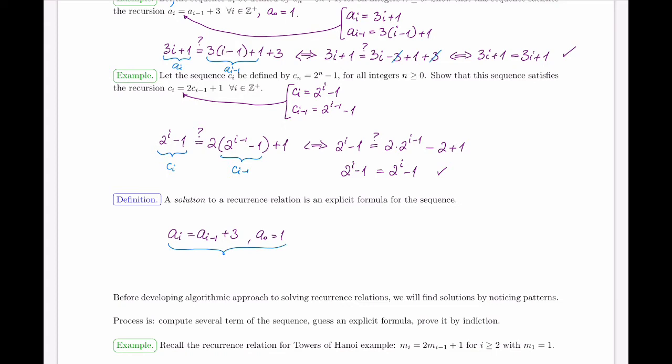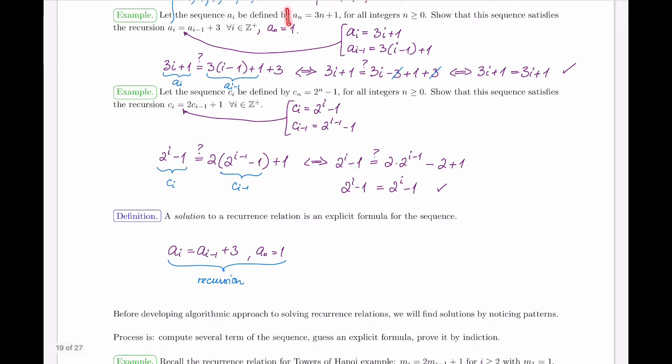This is what we called a recursion, or a recursive definition of a sequence. And the explicit formula for it is a_n equals 3n plus 1. This is what we're going to now call an explicit formula or a solution.